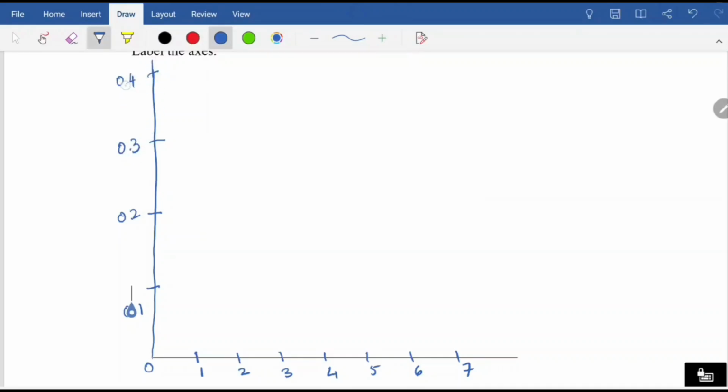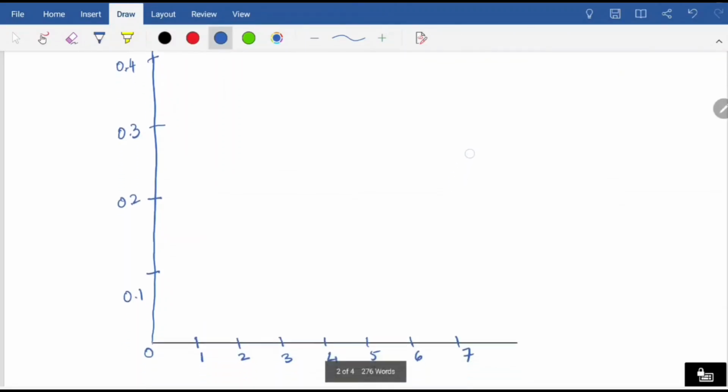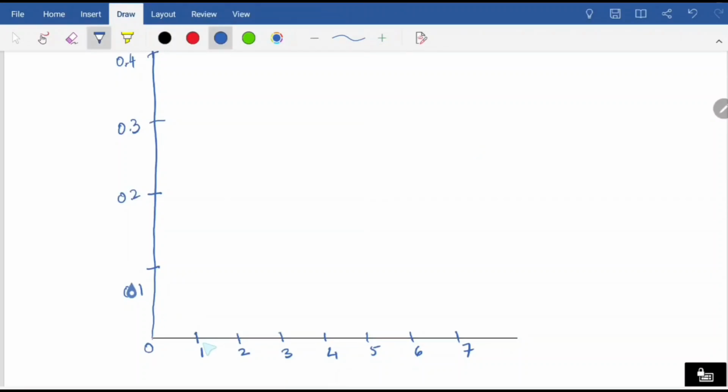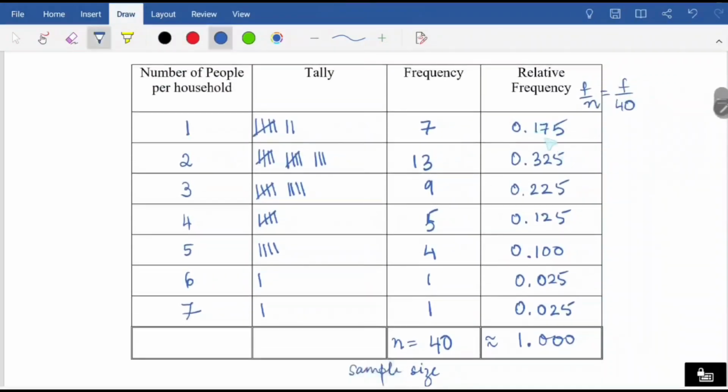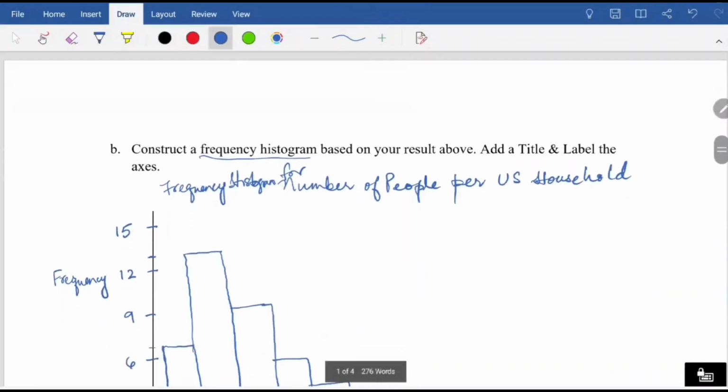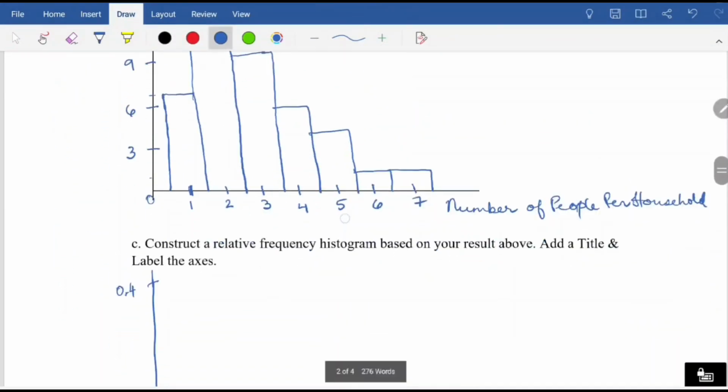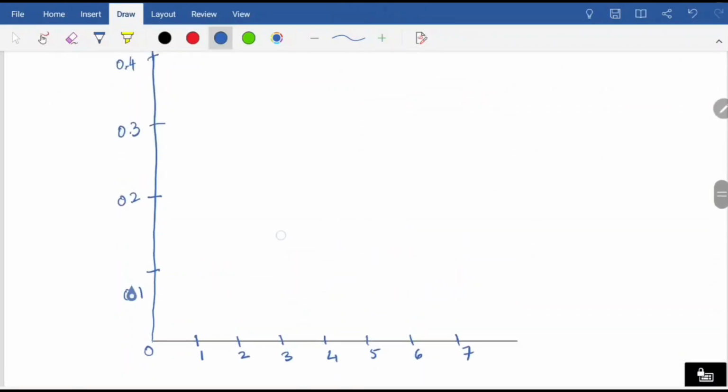All right. Okay, so now we will have to draw our relative frequency histogram. So for 1, let's go back to our table. For 1 it was 0.175. So a little bit below 0.2, correct?